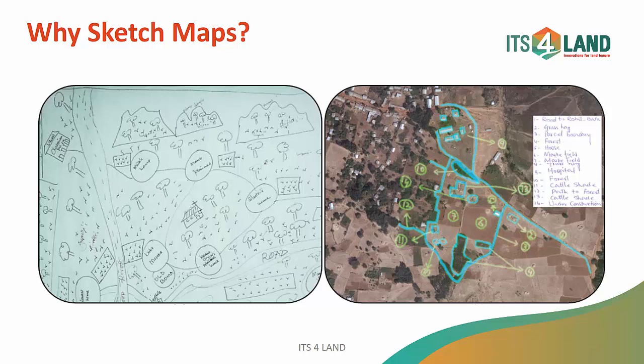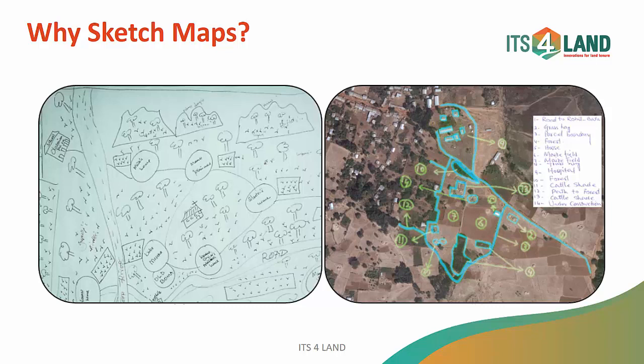Satellite images can cover large areas, but then their resolution is too small to show any details. This is one of the advantages of sketch maps. People can sketch those areas where you have a lot of information and a lot of details that should be captured larger, and those areas where there is not a lot of information that should be captured smaller.